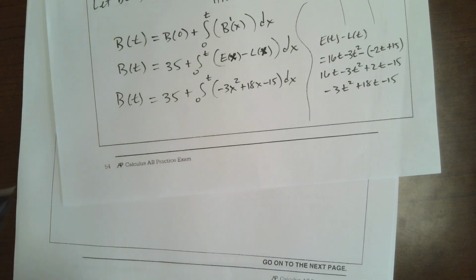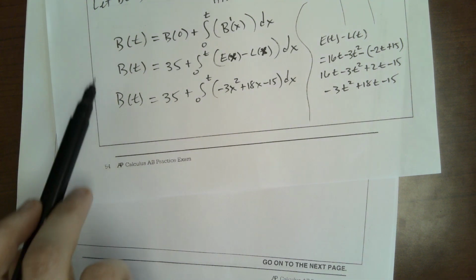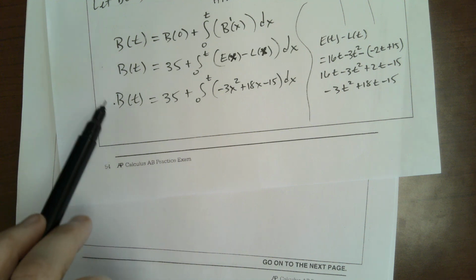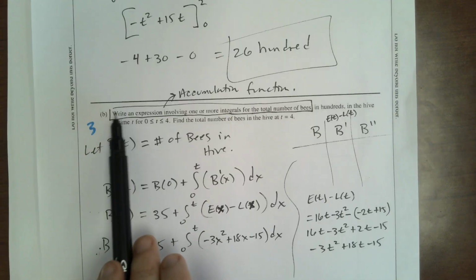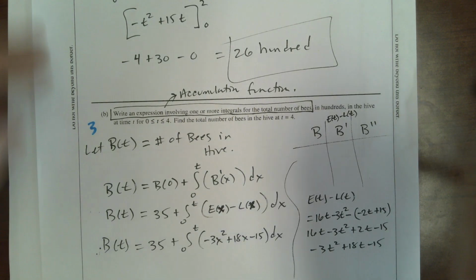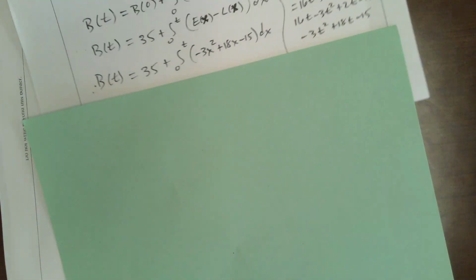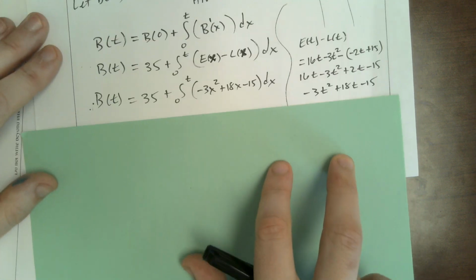All right, now for B of 4. So guys, I think you'd get credit for having this or this. Either of these are perfectly good for the expression involving one or more integrals, giving the total number of bees. But now I need B of 4.